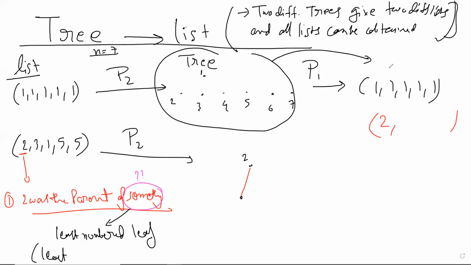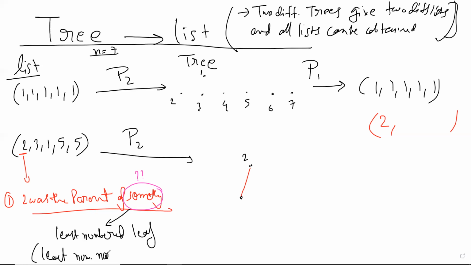And every parent, everything that is a parent of something, does come in the list at some point. But the leaf is what does not come. So we need to take a leaf here, something which is not in this list, and it is the smallest. Least number not in the list. And that's 4.